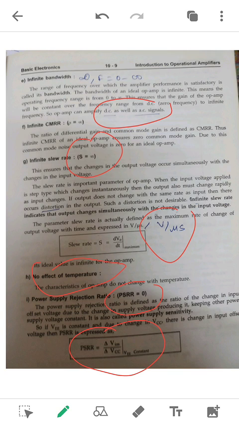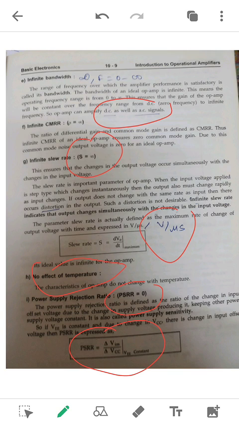Delta means the change in offset voltage with respect to the change in VCC. VCC is nothing but the supply voltage connected to pin number 7. I already explained this in the symbol. Refer to the symbol: at pin number 7 we have plus VCC, the positive supply voltage. Due to the change in VCC, what is the change in offset voltage?